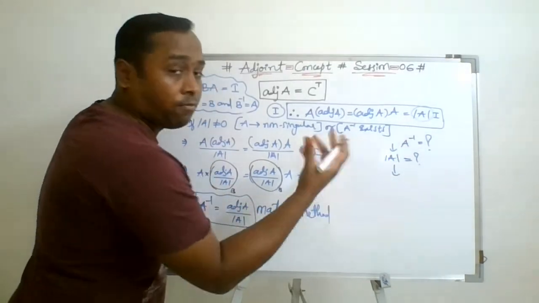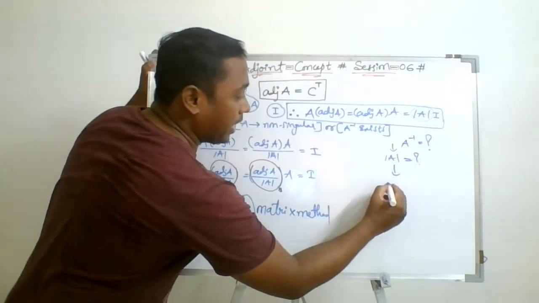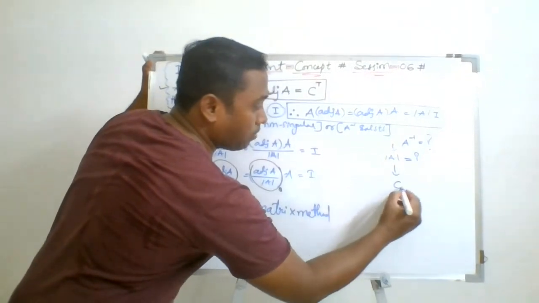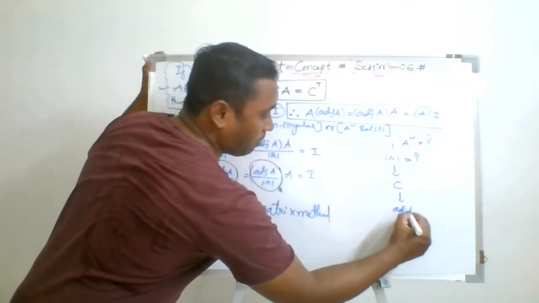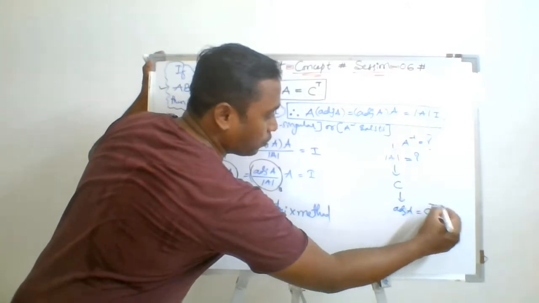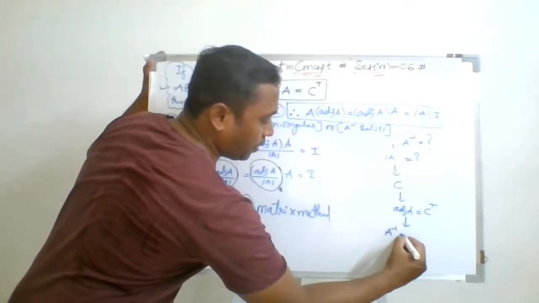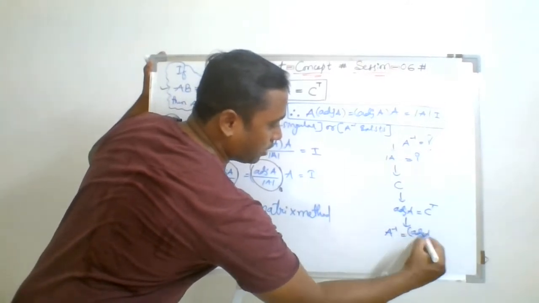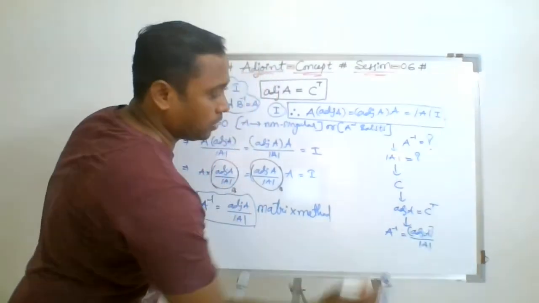It must have some value, positive, negative, real or complex. Then we find the cofactor matrix. Then we find the adjoint of the matrix just by taking the transpose of this. And then finally we use the formula: A inverse is simply the adjoint of the matrix divided by det A. Simple.